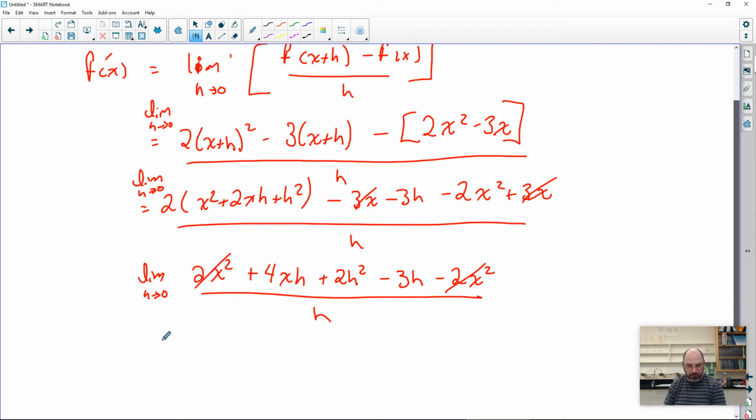So then we've got 4xh, pardon me, plus 2h squared minus 3h, so there's all h's in the top, over h. So now let's take our h out.